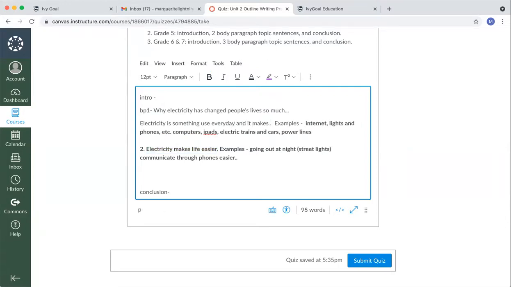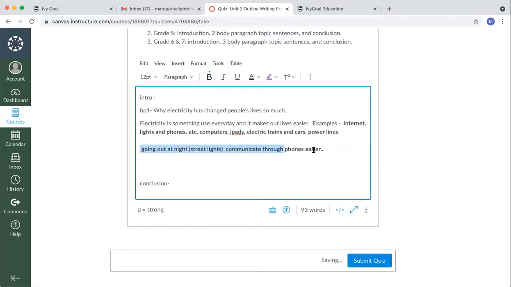Very good. Okay, very good. So Teresa, did you have something you wanted to add to that? I think you can say electricity is something that makes our lives easier that we use every day. Mm-hmm. Is there anything from this section here that I can copy and paste into this section here? What do you think, Teresa?